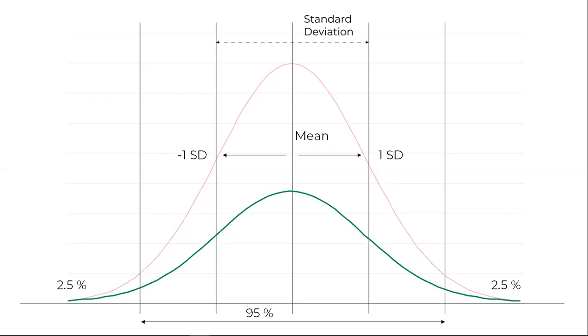What that means is that if I took any random value from my data set, I would have the highest probability of finding it close to the mean. That is why we use the mean to describe the data, because it's best used to describe any value of the data with the highest probability.